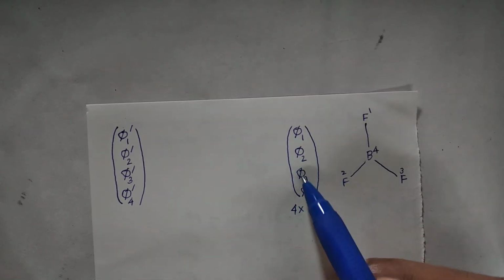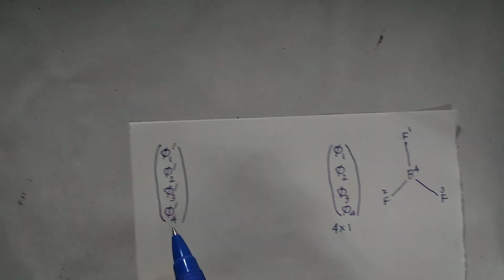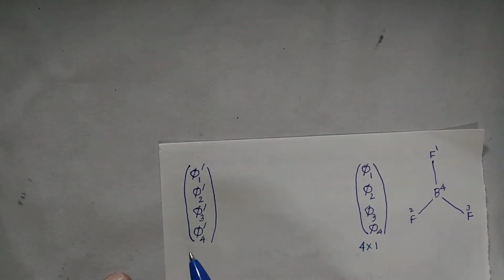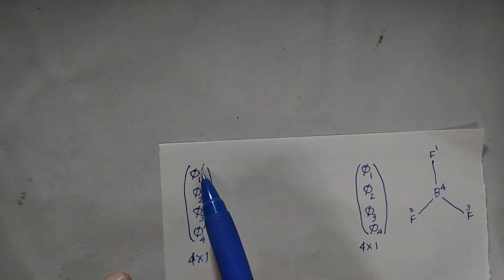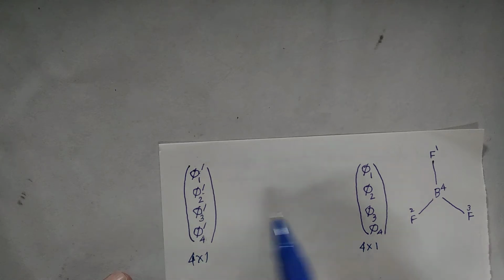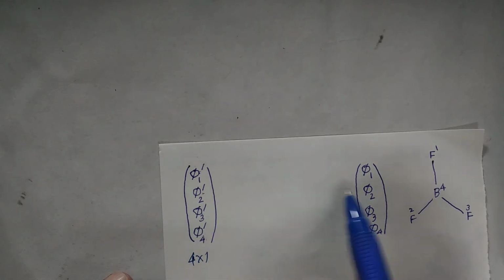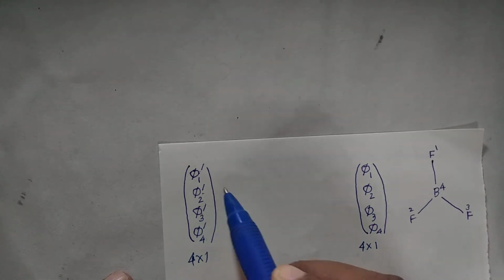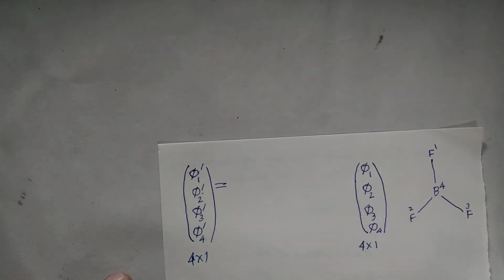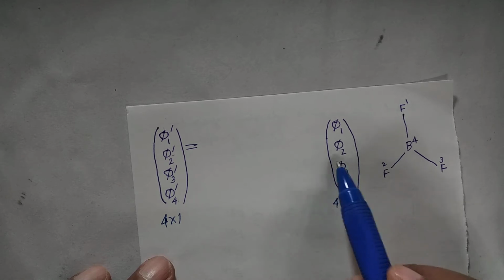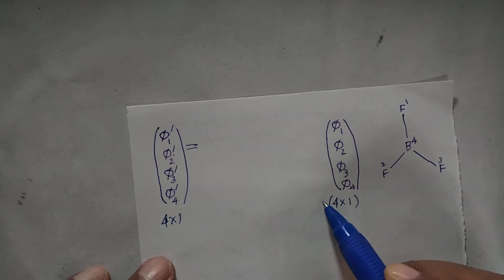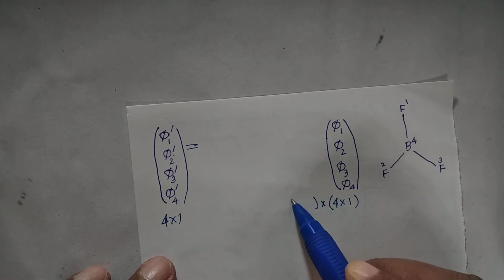This is the initial set of orbitals, and we want the final set of orbitals, the new functions phi1 primed and so on, also in the form of a 4 by 1 column. What is the relationship between these two matrices? How can we get this matrix from this one? We have to multiply the initial matrix, a 4 by 1 matrix, by another matrix.